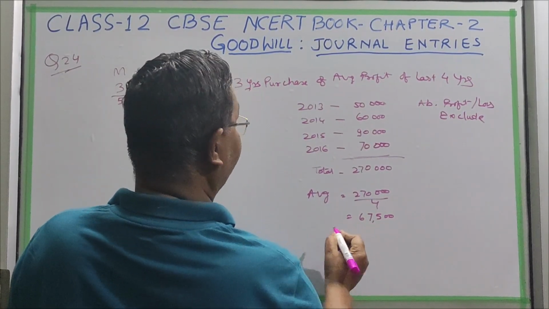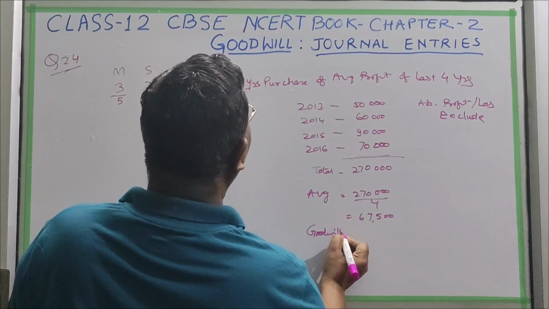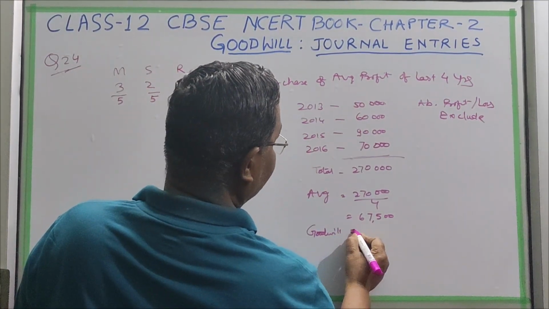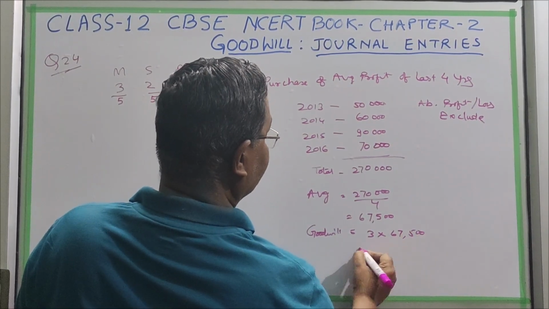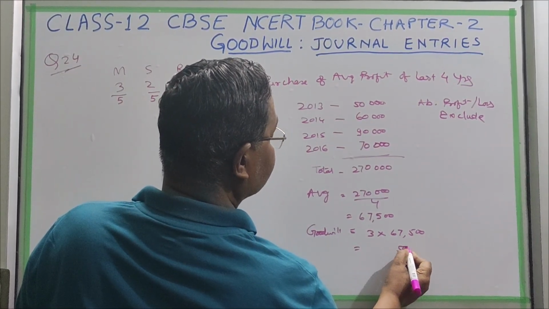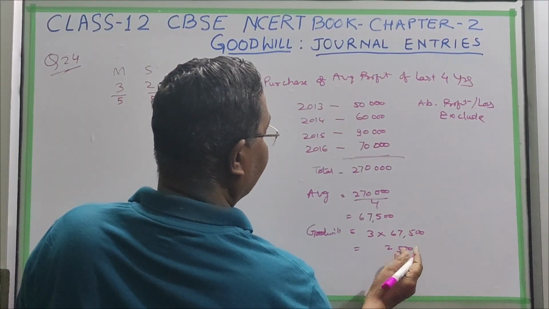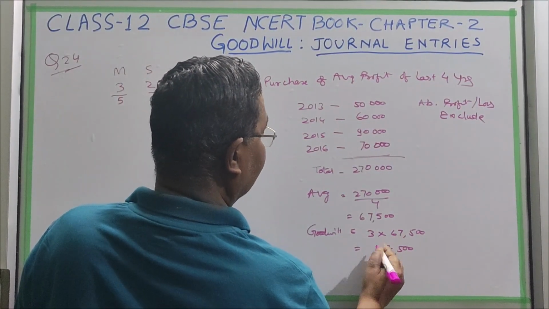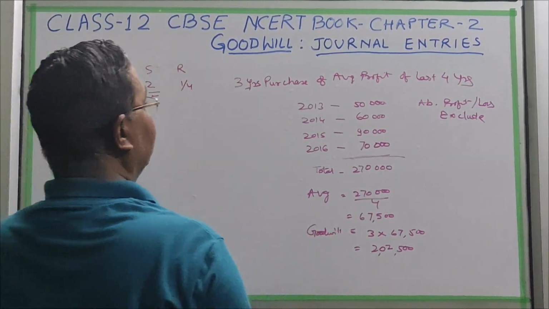This is the average profit. So goodwill will be equal to 3 years purchase, 3 into 67,500, equal to 2,02,500. This is the goodwill of the firm.